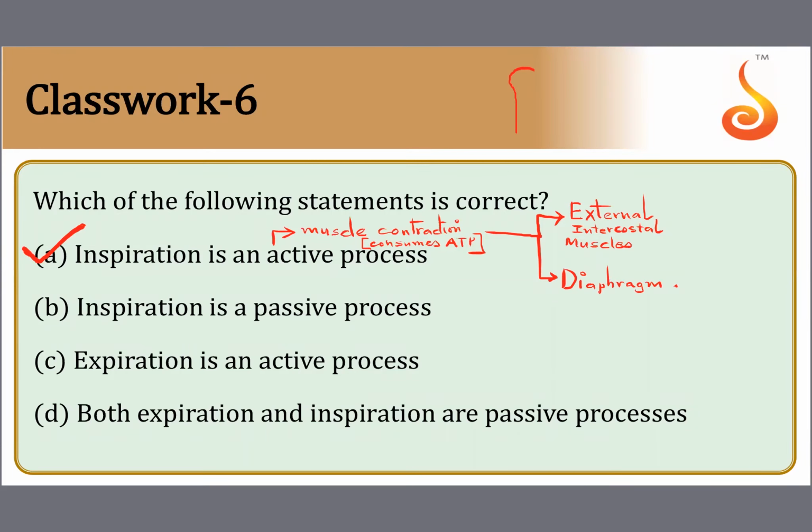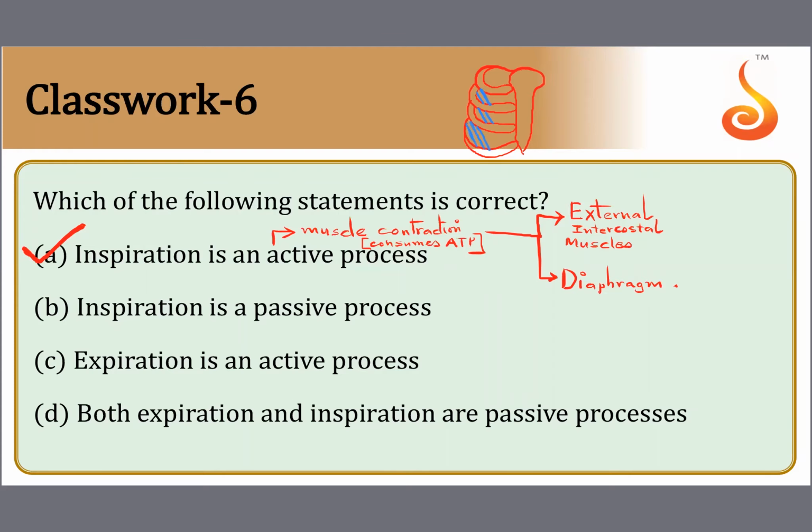For example, if this is your sternum or breastbone and these are your ribs, so you know that your ribs are attached to your sternum like this. So where do you find these external intercostal muscles and internal intercostal muscles? See the orientation here. The orientation of the external and internal intercostal muscles is different. The external intercostal muscles are oriented at this angle. What I'm showing in blue is the external intercostal muscles.